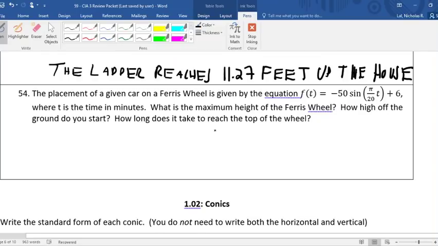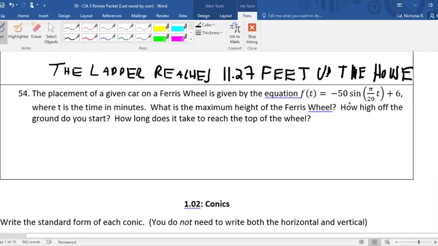Alright, so this one's a little tricky, so we need to conceptualize it here. f of t is time. So to find the maximum height of the Ferris wheel, we need to understand that we have an amplitude here.